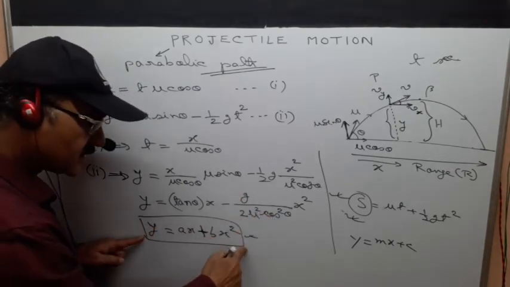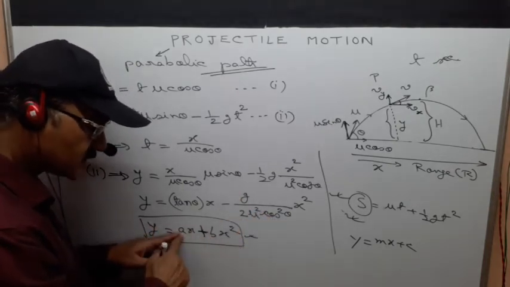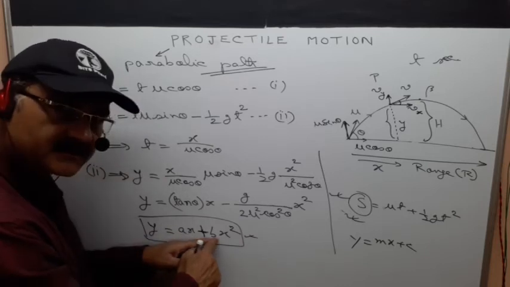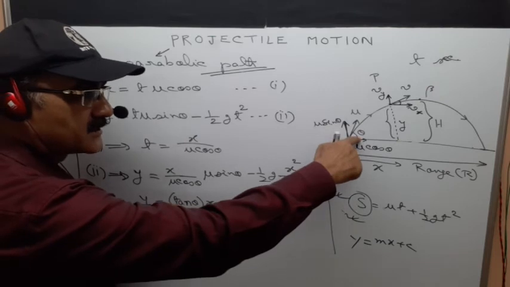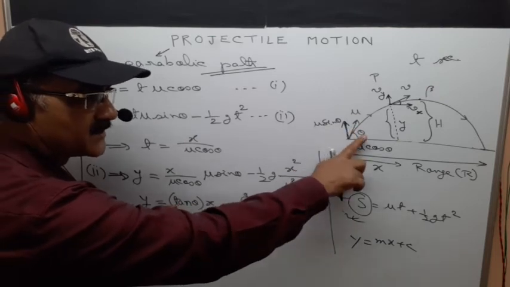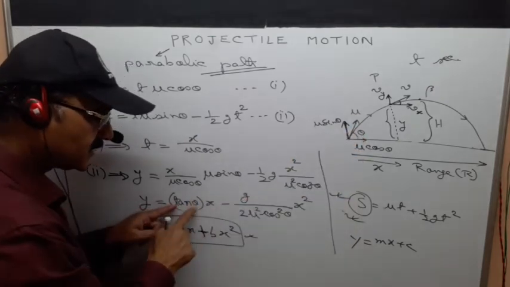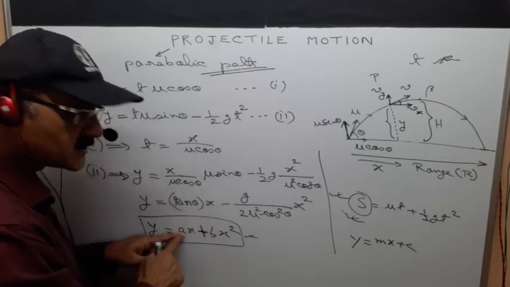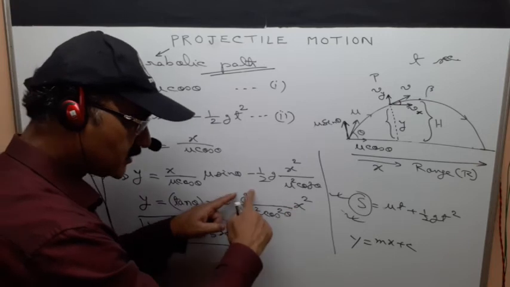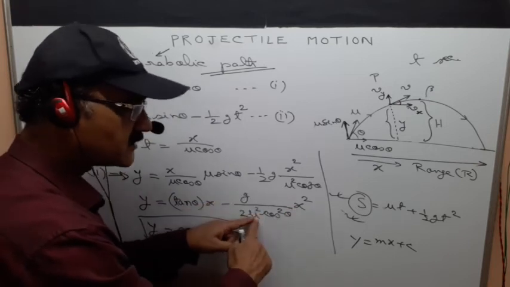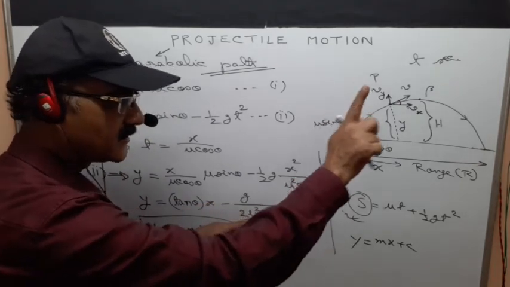In this standard equation, a is a constant, b is a constant. In this equation, theta is a constant because we have thrown it at a particular angle theta. So tan theta is a constant, so tan theta is a. In this equation, g is a constant, u is a constant because we have thrown it with a particular velocity.